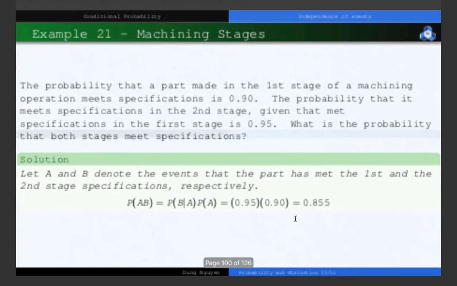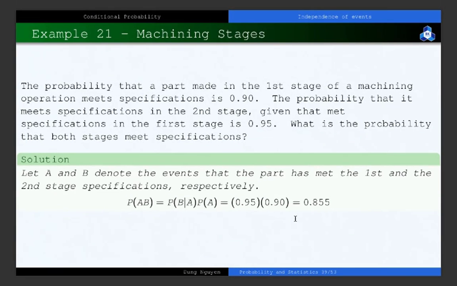Well, suppose that A is the event that the part has met the first stage specifications and B is for the second stage. Then you want to find the probability of A and B. And you come up with the probability of B given A times the probability of A using the product rule. The first factor is 95%, the second factor is 90%, then you get the answer.